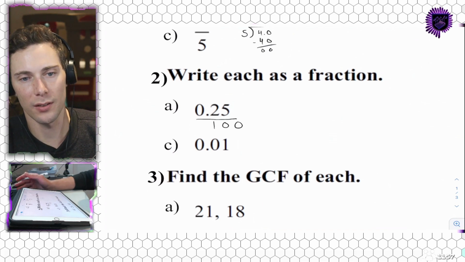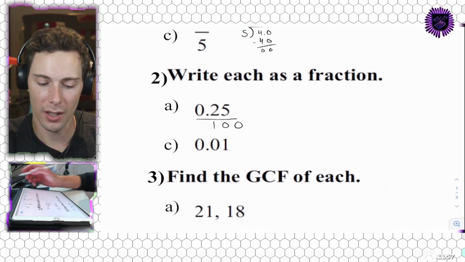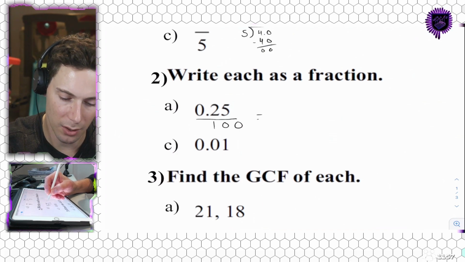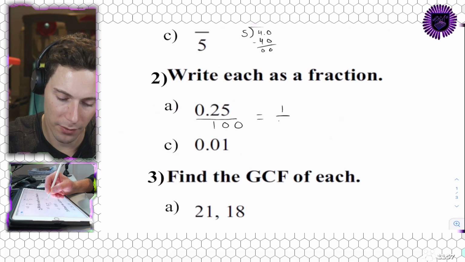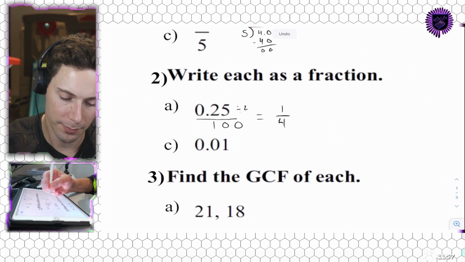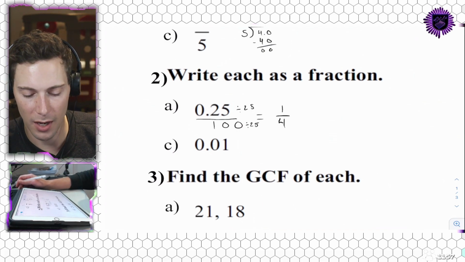And now we can look for the greatest common factor, which is going to be 25. 25 goes into 100 4 times. So this is going to be equivalent to 1 over 4. And the reason for that is because we can divide both the top and the bottom by the greatest common factor, which is 25.